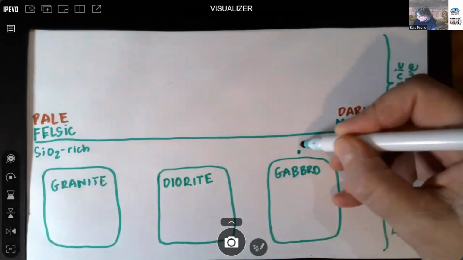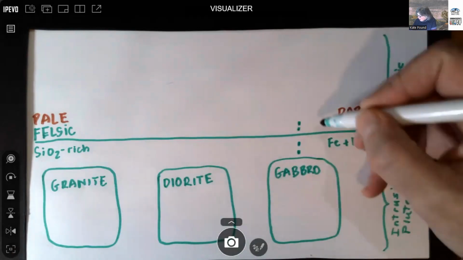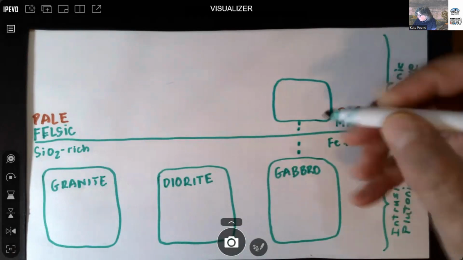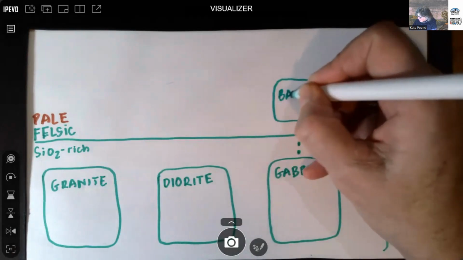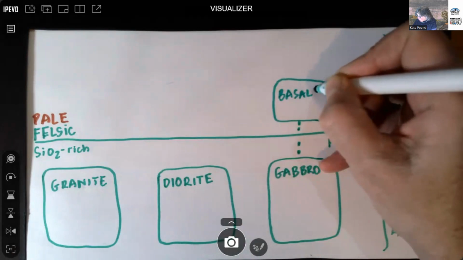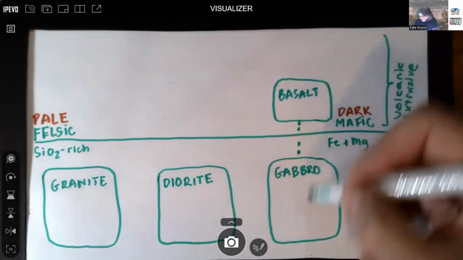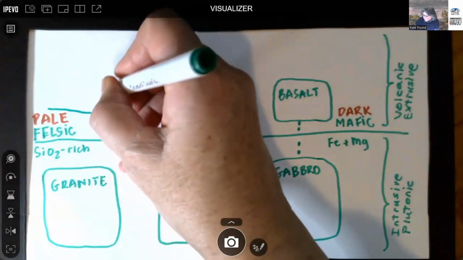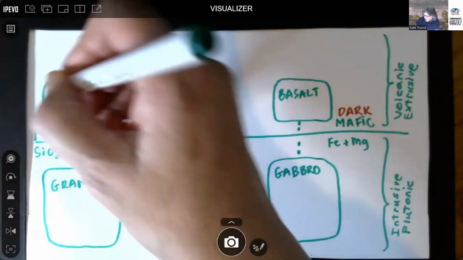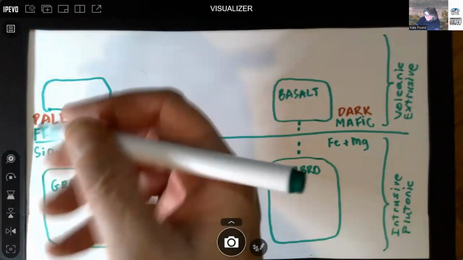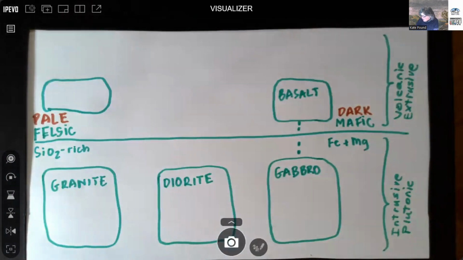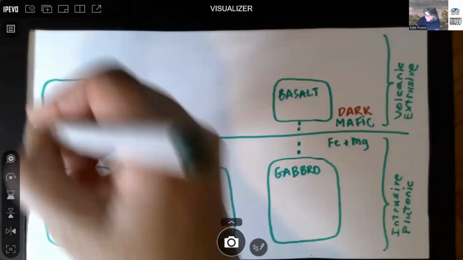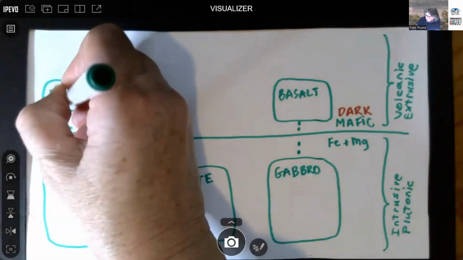Now, if a molten material that is the same composition as gabbro reaches the surface, it makes a basalt, and that is also dark colored. If the granite reaches the surface, or not a granite, but a granitic composition molten material, that makes a rhyolite.